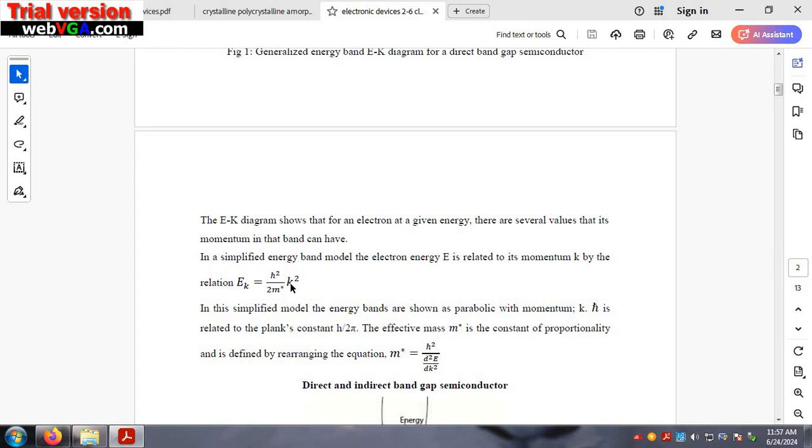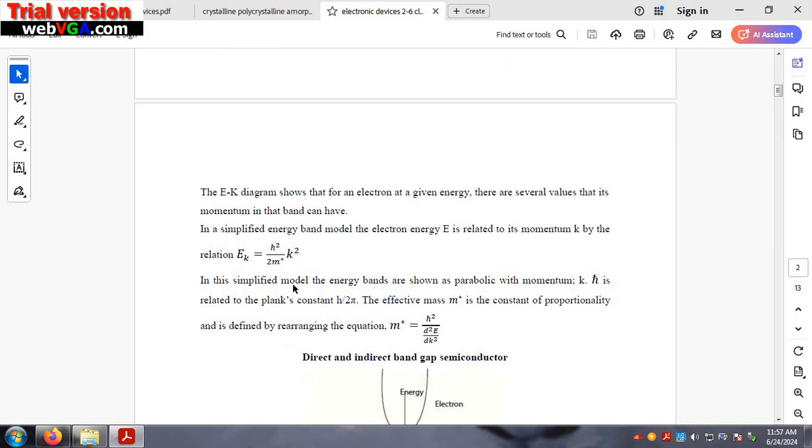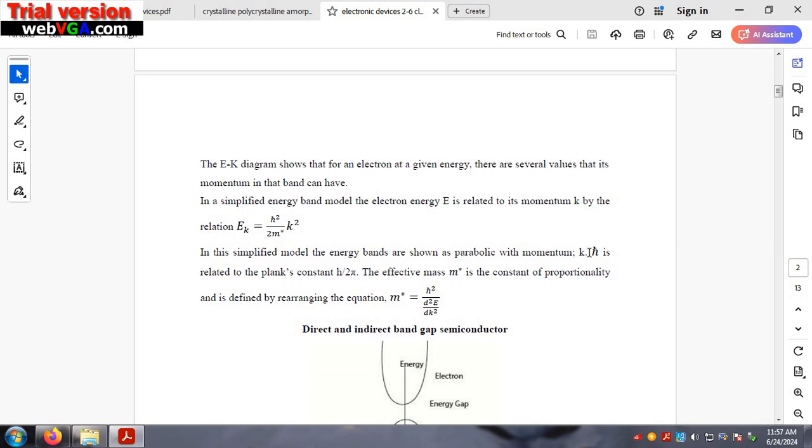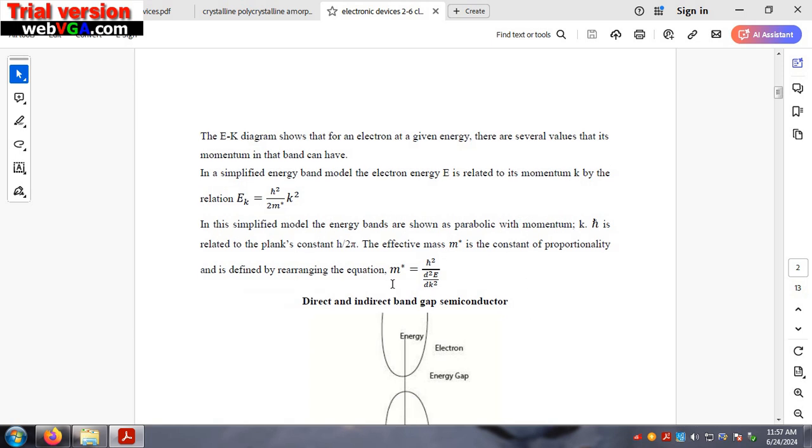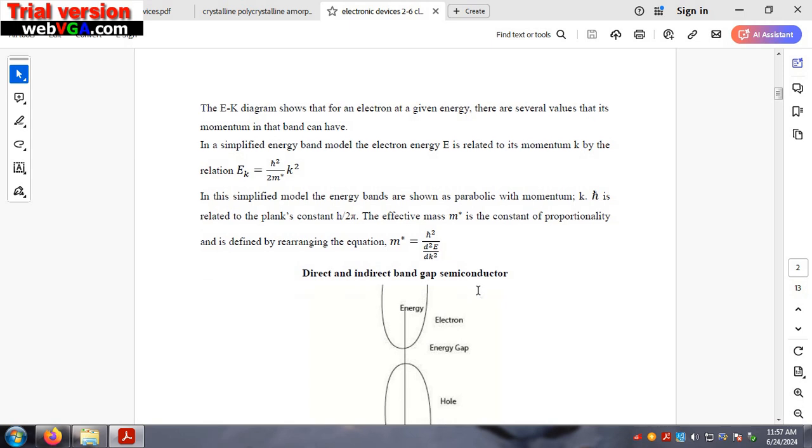Here k is the momentum value, and the reduced Planck constant is related to the Planck constant by ħ equals h by 2π. The effective mass is given by m* equals ħ squared divided by d squared E by dk squared.